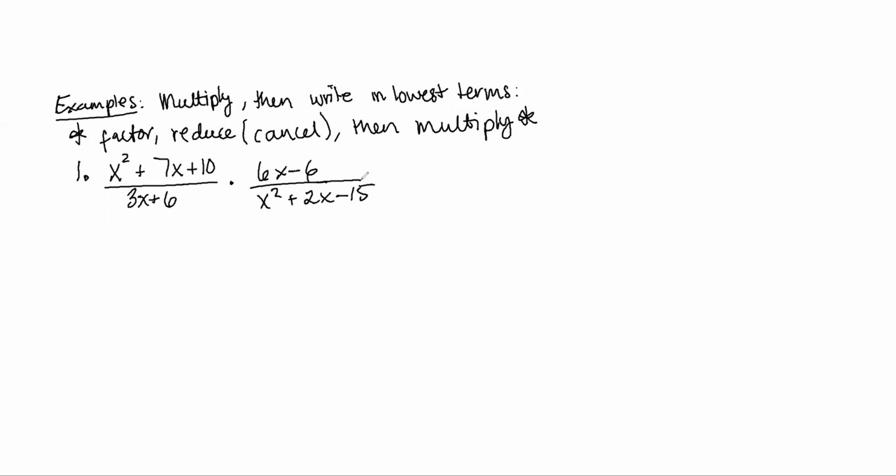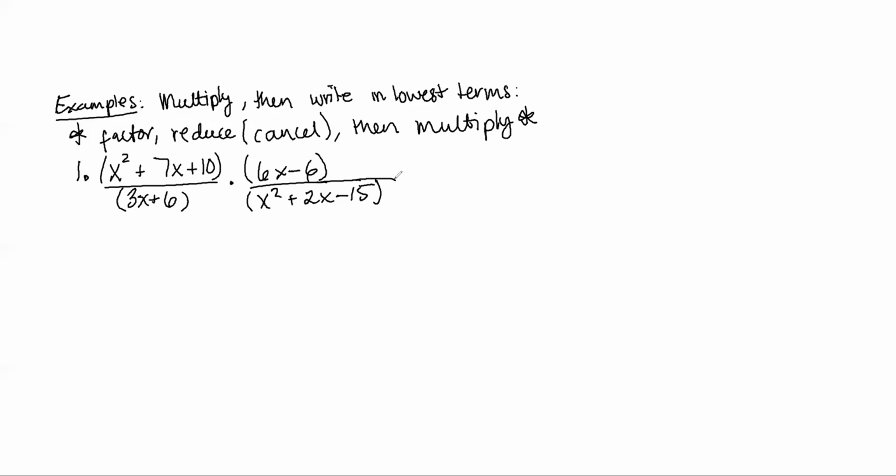Now, if we were to go ahead and multiply first, that would be some ugly multiplication because we would have to multiply this trinomial on the top with 6x minus 6 and 3x plus 6 by x squared plus 2x minus 15. That's some ugly multiplication, and we would end up having to factor anyway so that we could simplify. So never multiply first, always factor first.